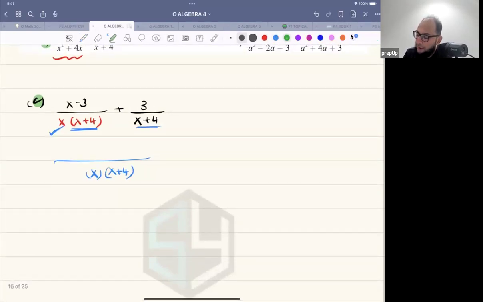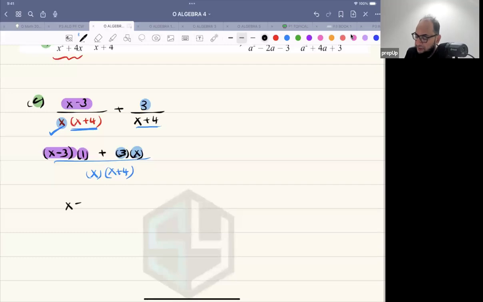Now, let me focus on the purple marker. This x minus 3 multiplies with 1. And this 3 multiplies with this x. 3 with x. Double check my working. 3 with x and x minus 3 multiplies with 1.